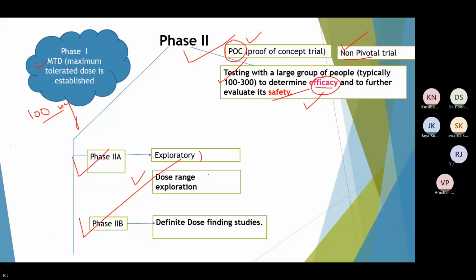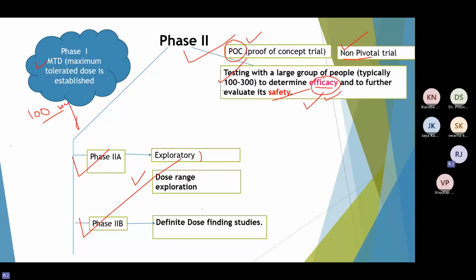At 10 mg, 20 mg, what is the effect? Once we identified that at 60 mg, 70 mg, 80 mg, drug is showing the maximum effect, again in phase 2B, what we do with that range 60, 70, 80 mg, again we'll recruit some subjects and we'll try to give that drug. And we'll try to determine the best dose which is showing the maximum efficacy.